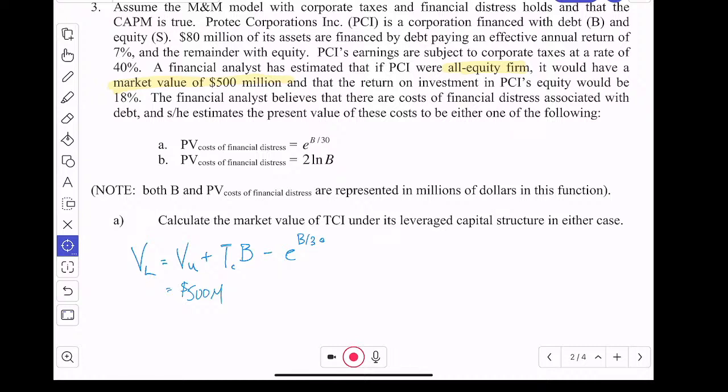TC is the tax rate of 40%. And the debt issue that they're looking at is 80 million. At 7%.